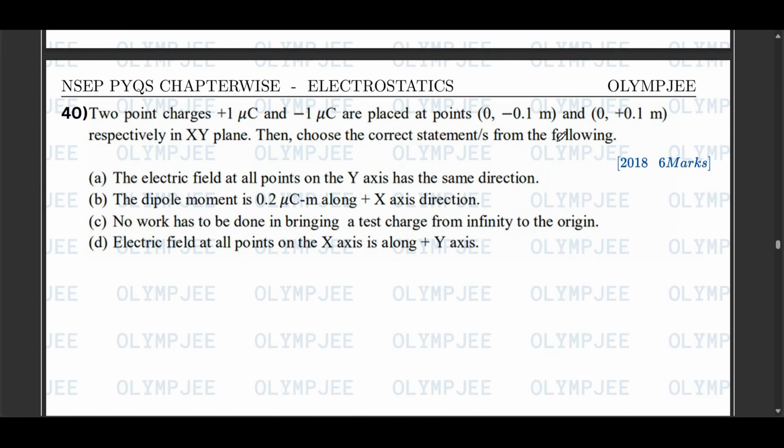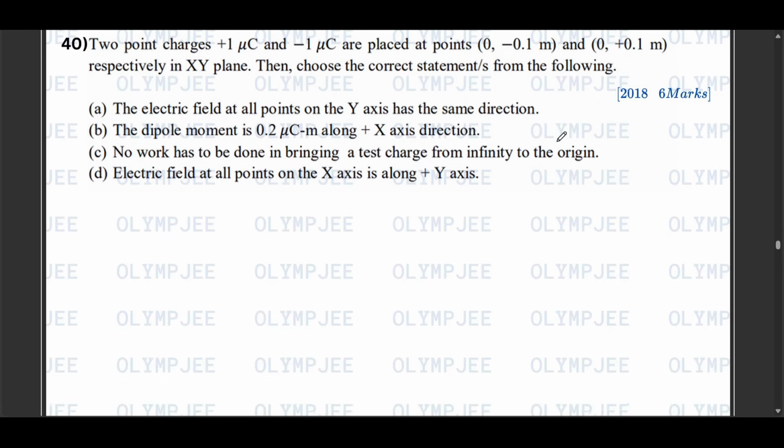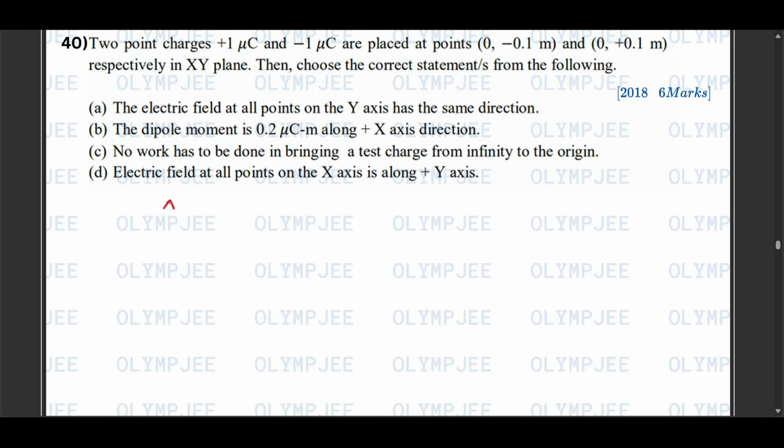Question 40 says that 2 point charges plus 1 microcoulomb and minus 1 microcoulomb are placed at points (0, minus 0.1 meter) and (0, plus 0.1 meter) respectively in the xy plane. Then choose the correct statements from the following. So let me draw. One charge is placed here and one is placed here.